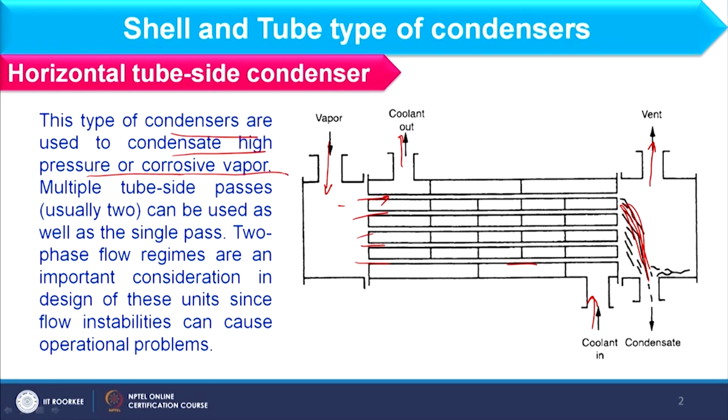As far as horizontal and vertical placement is concerned, it depends on how much duty you are dealing with. If the duty is large, you should select horizontal orientation. Now, whether condensation should be on the shell side or the tube side depends on the nature of the vapor. If the vapor is corrosive, it should be allocated to the tube side.